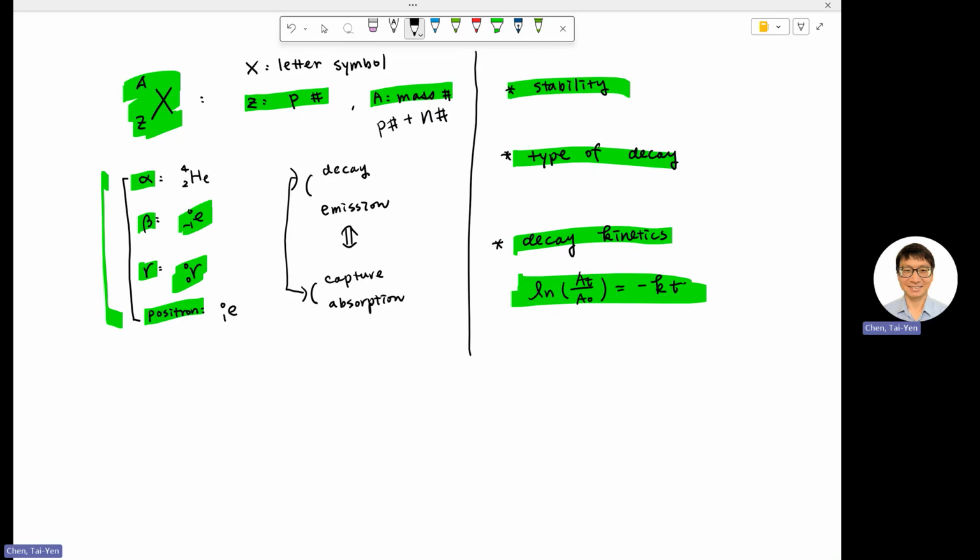If I say one atom undergoes a beta decay, what I'm really trying to say is that your atom X undergoes a beta decay, exactly. It's going to undergo a decay, and then after the decay, it's going to produce a beta particle. Therefore, if you write out a chemical equation, that beta particle will show up on the product side.